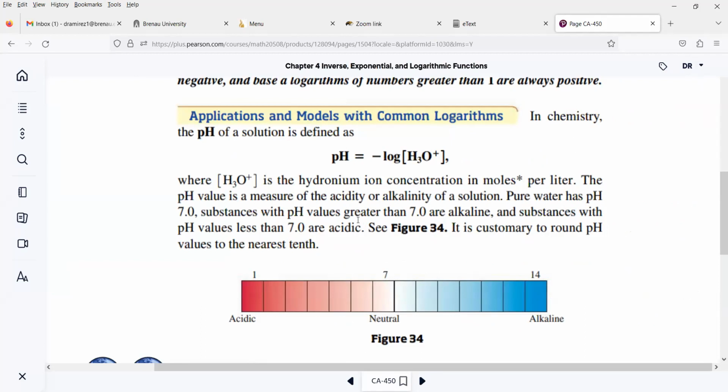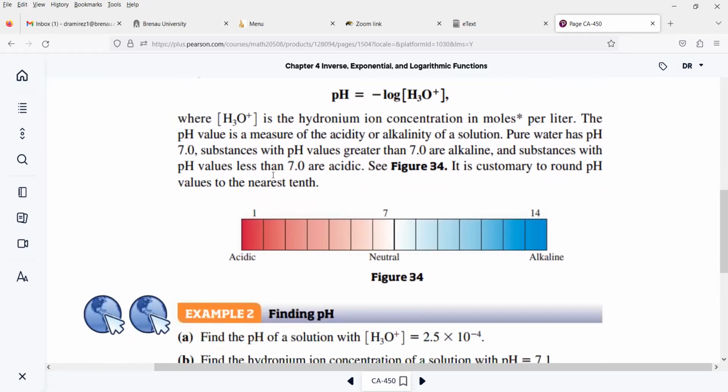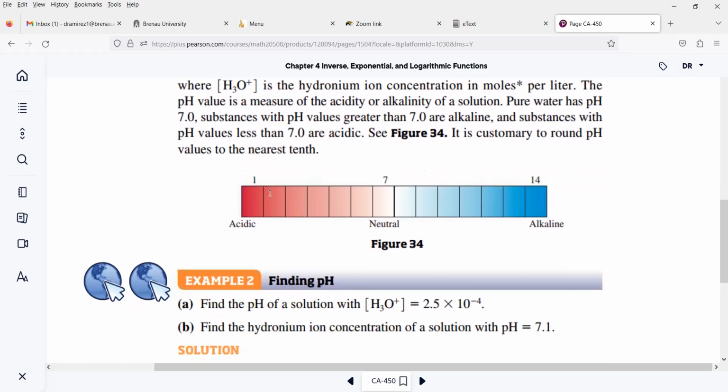If it's 7, it's going to be neutral. The closer it is to 14 is alkaline, and the closer it is to 1, the solution is acidic. So pure water has a pH of 7. Substances with pH values greater than 7 are alkaline, and substances with pH less than 7 are acidic.